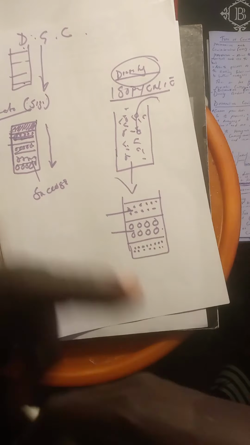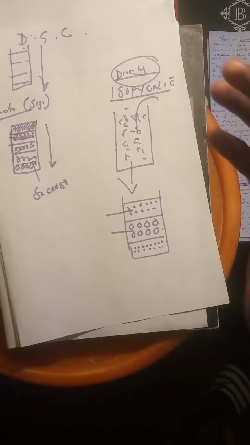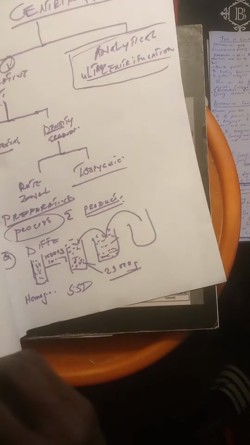But just know that after preparative centrifugation, you can get the sample of interest, the supernatant, and further subject it to analysis. So the last part is analytical centrifugation. Analytical itself shows that you are analyzing something, you're observing changes and everything.